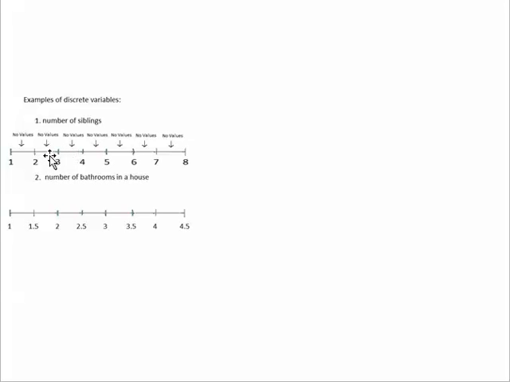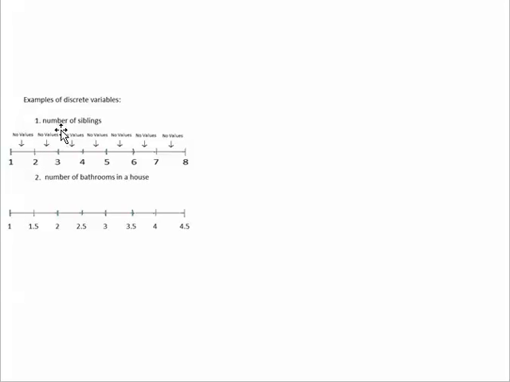When a variable is discrete, the possible values are like stepping stones with gaps in between. You can imagine that everyone in the world who has one sibling is stacked above this value right here, because they all have one sibling. Everyone in the world who has two siblings is stacked above this value right here.